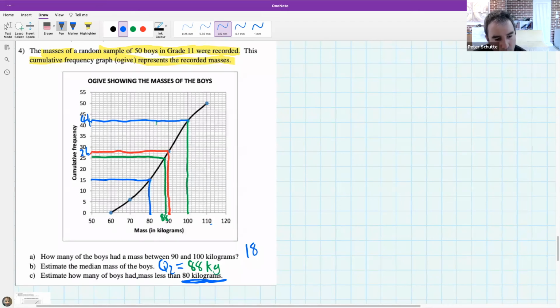So how many boys had a mass less than 80 kilograms? Well, the ogive is going to say that 15 boys had a mass less than 80, because we're only counting those who are 80 or below. The answer is going to be 15, or approximately 15. So 15 students had a mass less than 80 kilograms.